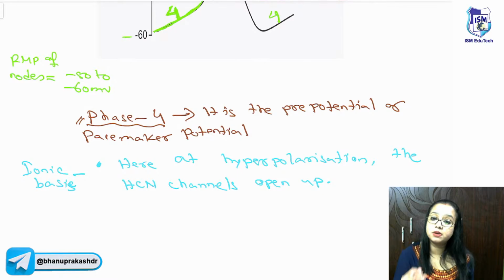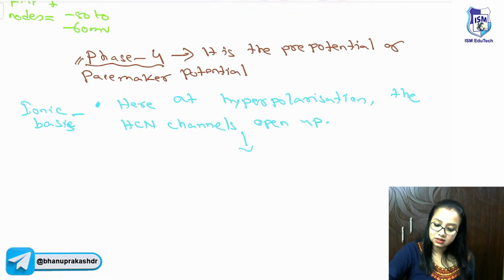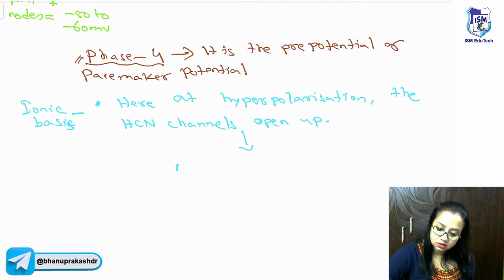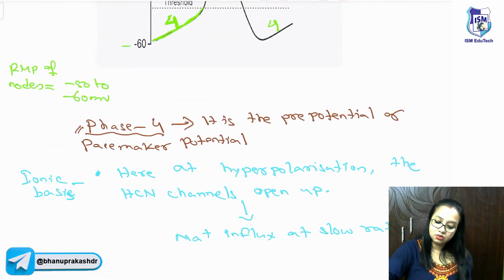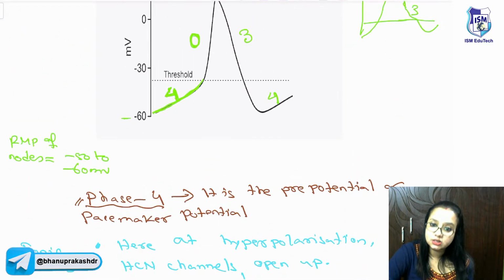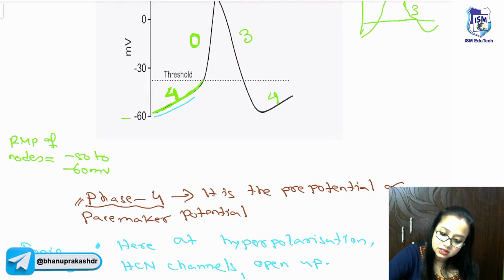Okay, unlike the other voltage gated sodium channels that we have seen. So this hyperpolarization induced sodium channel will open up and there will be sodium influx at a slow rate. Now, when there is influx of the sodium, here you see there is a gradual rise from negativity to less negativity, means it is increasing toward positivity.